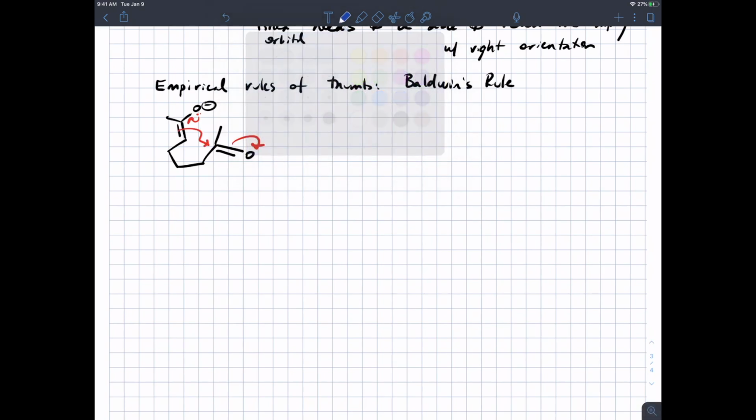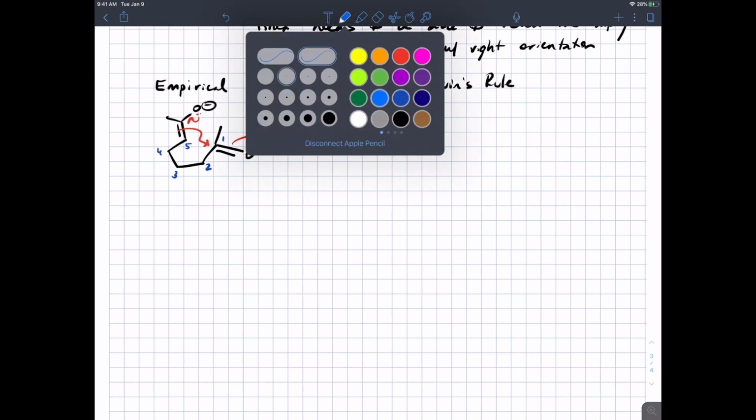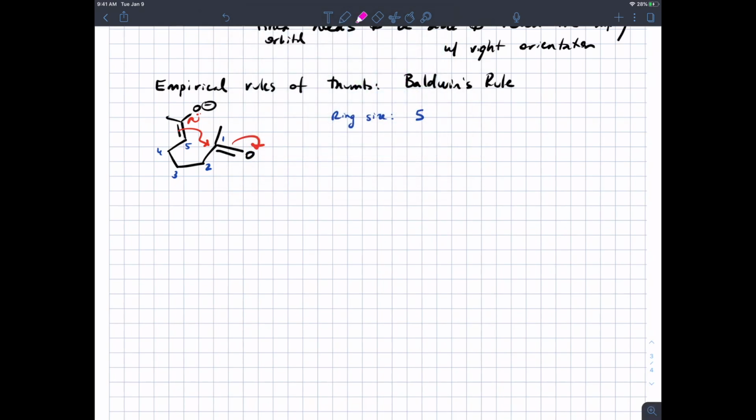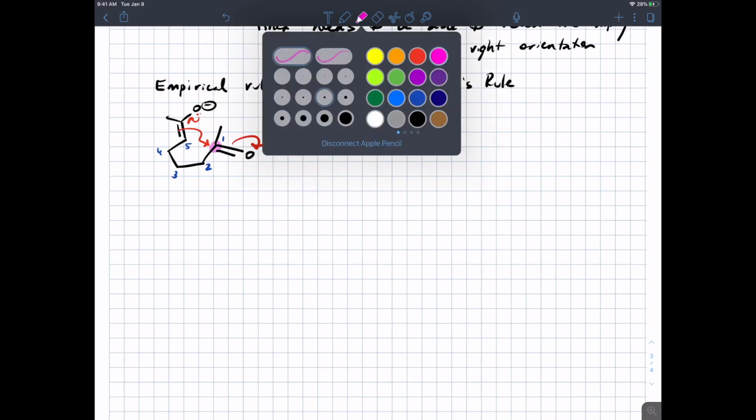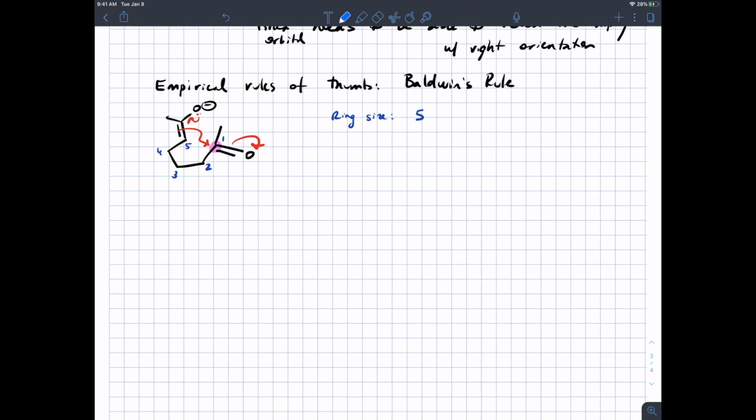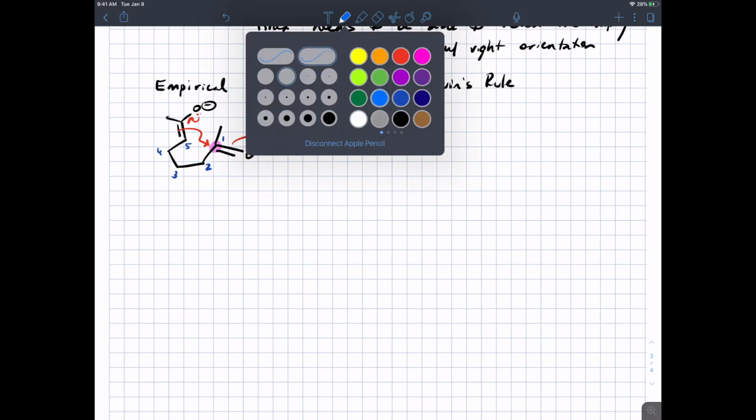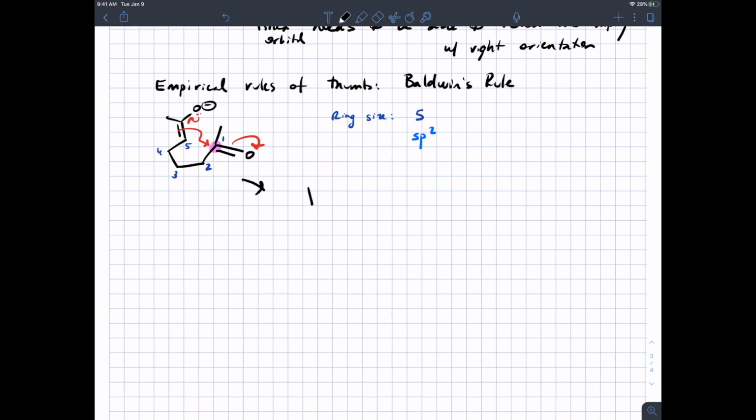Okay, the ring size here is 1, 2, 3, 4, 5. The hybridization of the carbon that's being attacked is sp2. And then it turns out that, of course, the carbon that we're attacking ends up being part of the ring. There's really no other way to do that.